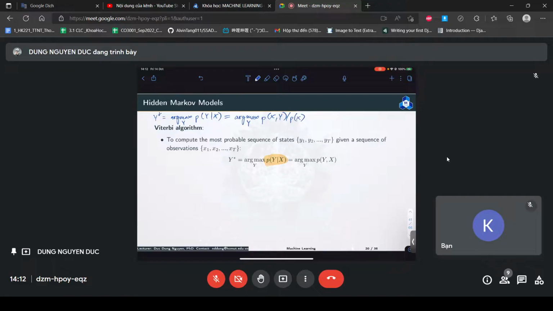So p(x) now becomes a constant in this formulation. This is why you can ignore it, and it's nothing but argmax over y of p(x, y). So this is the conclusion: you need the joint probability of the observation x and hidden state y.